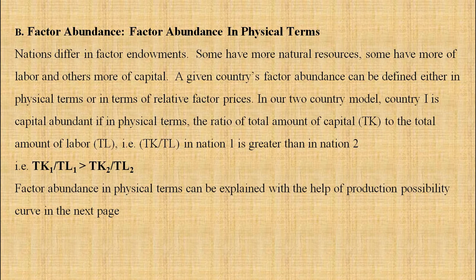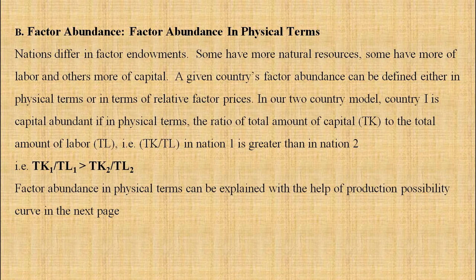In our two-country model, country 1 is capital abundant if in physical terms the ratio of total amount of capital, TK, to total amount of labor, TL, in nation 1 is greater than in nation 2. That means TK1 by TL1 is greater than TK2 by TL2.